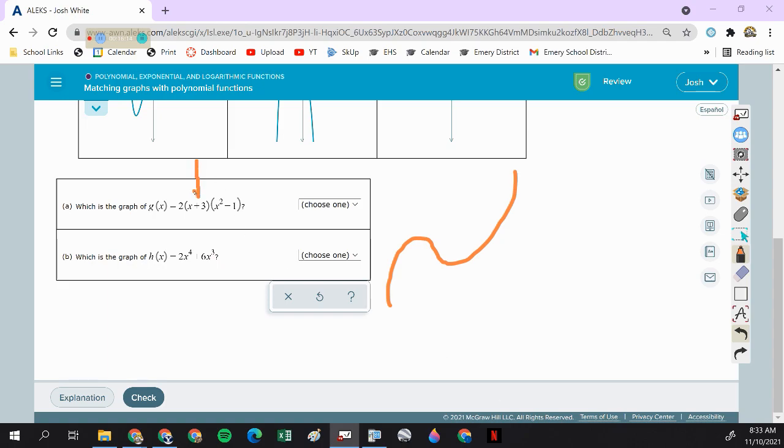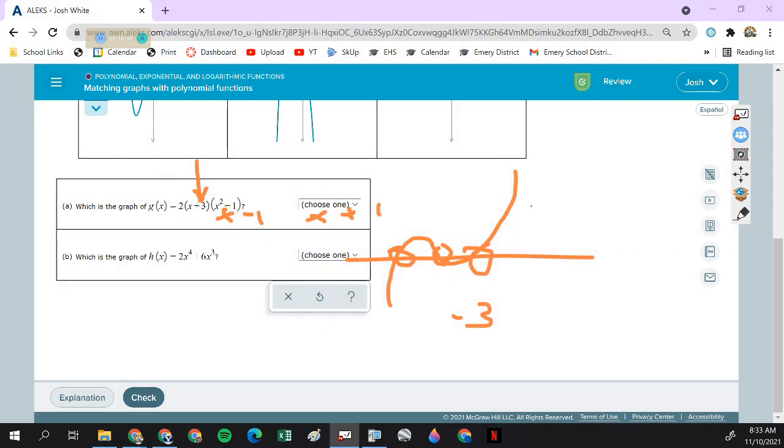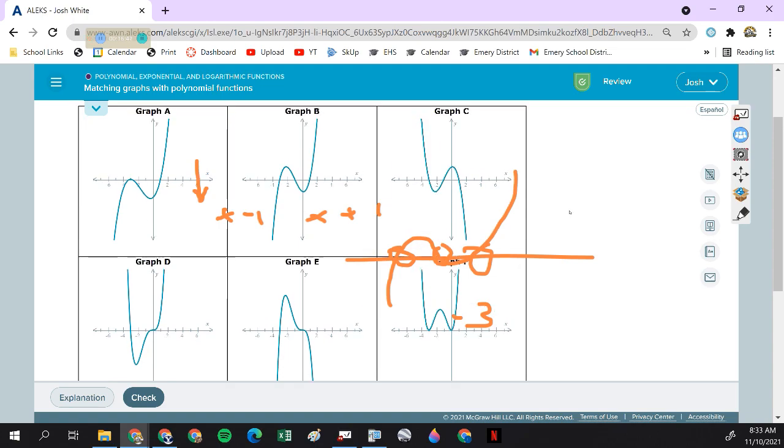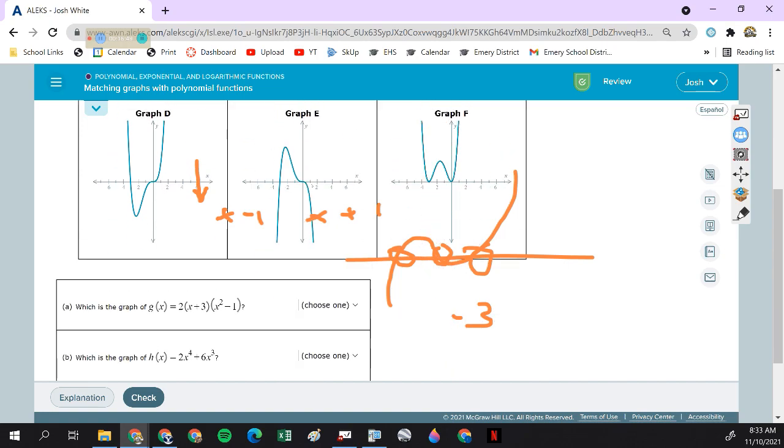And it has a root at -3, and then this factors into x minus 1 and x plus 1. I'm not very good at drawing with my mouse. So I know that the roots are -3, -1, and +1. So all I have to do is find the graph that matches that. -3, -1, and +1. Make sense? Okay.